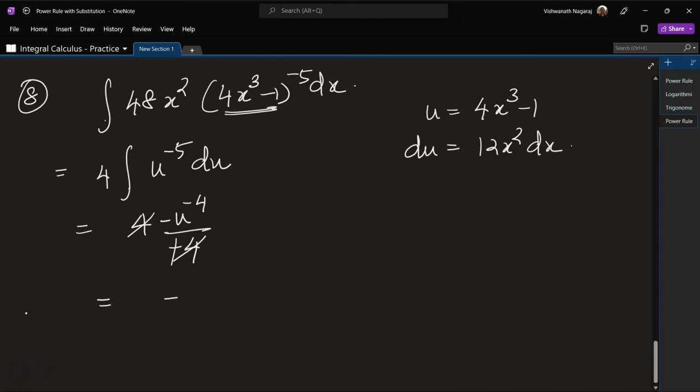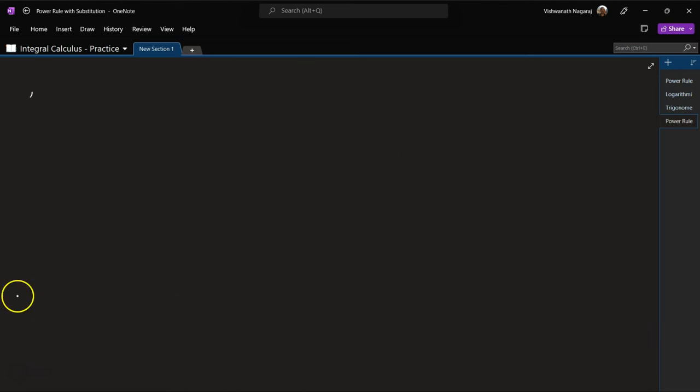So we are left with minus, let's substitute back, 4x cube minus 1 to the power of minus 4, which can be written as minus 1 by 4 times (x cube minus 1) to the power of 4, plus c.